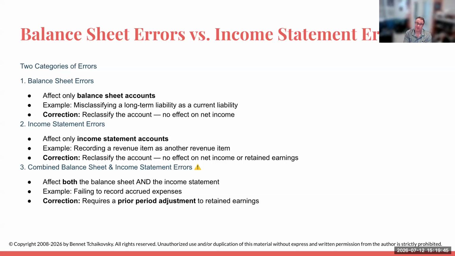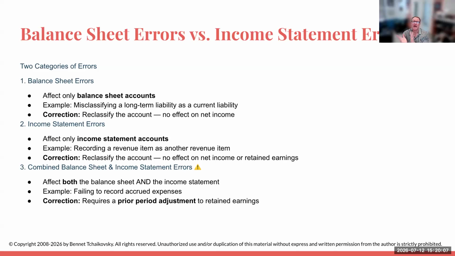Income statement errors affect only income statement accounts. Examples: recording a revenue item as another type of revenue item. Again, we reclassify it, no effect on net income or retained earnings. This would be a revenue misclassification. So if we were reporting revenue for one division instead of another, then we would just go ahead and put "as restated."